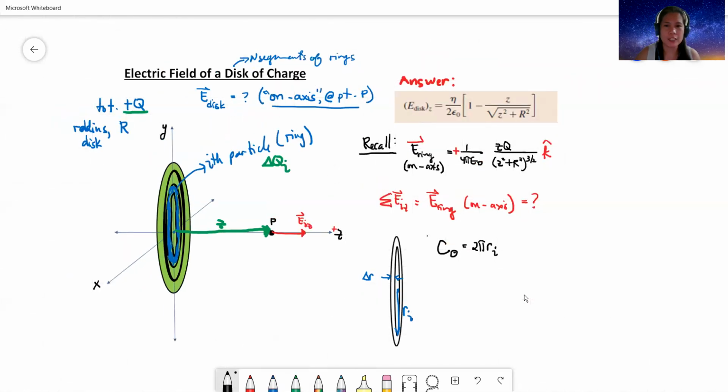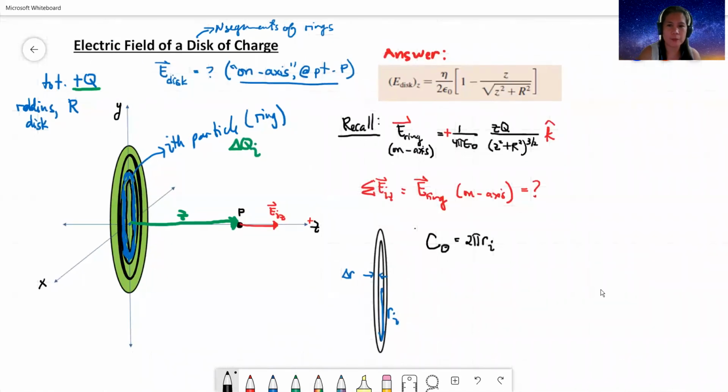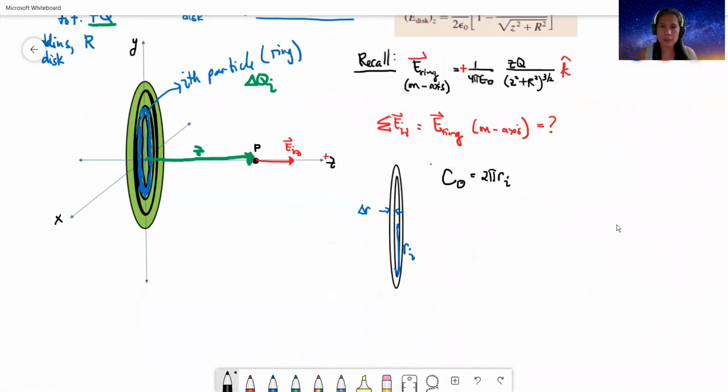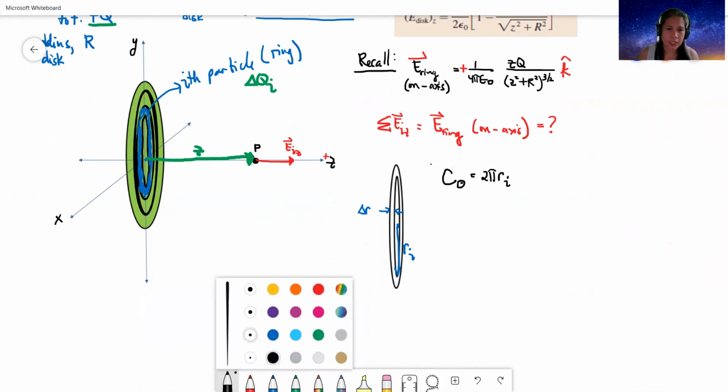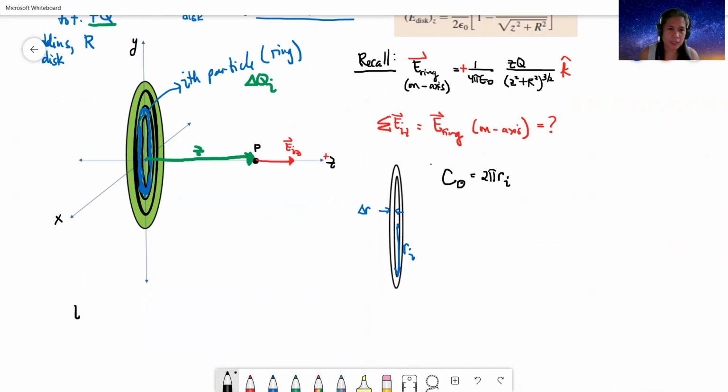So with these definitions of our variables, we go back to the electric field of a ring, because we are not summing it up yet. We now say that a single electric field in the Z component is 1 over 4 pi, this is for a ring, and then Z. Instead of writing capital Q, we know that the charge carried by this small single ring is delta Qi.